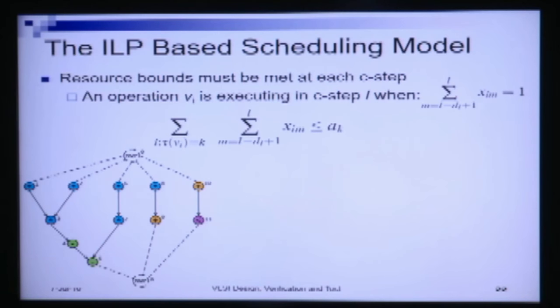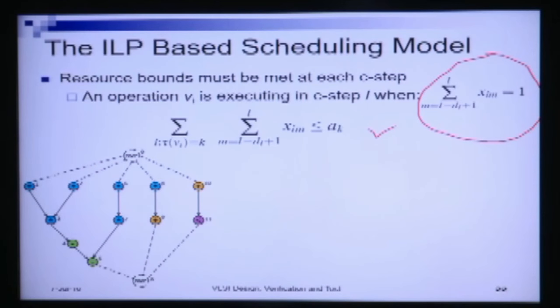So, we represent that in this term, m equals l minus di plus 1 to l. This goes back at most di time steps from the current time step and finds out whether the operation has started at any time between then and the current time step.